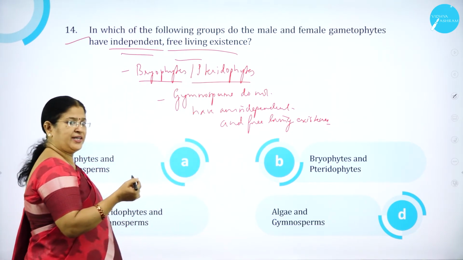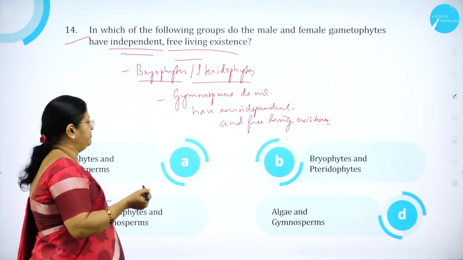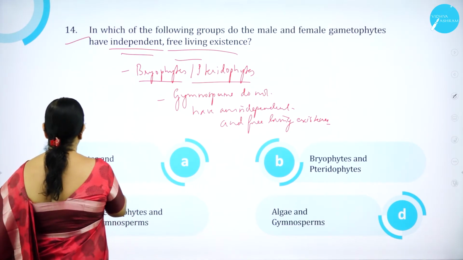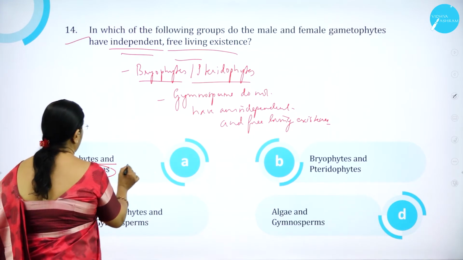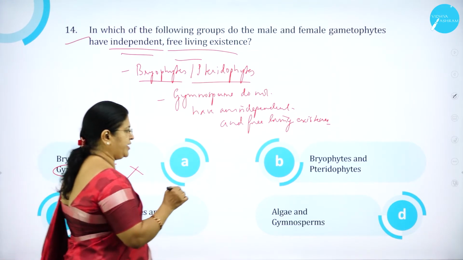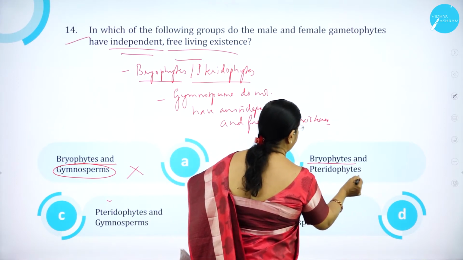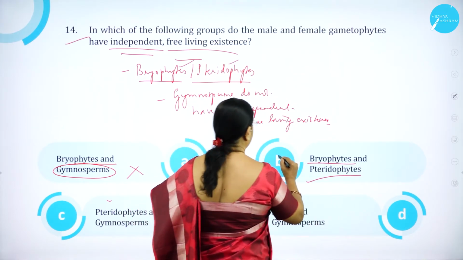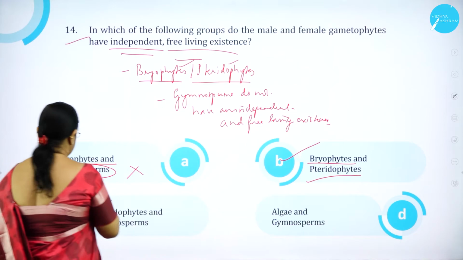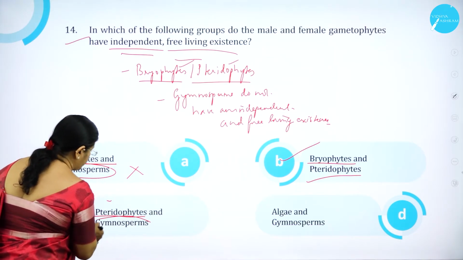That is gametophyte and sporophyte, like gametophyte. Option A, bryophytes and gymnosperms, wrong. Option B, bryophytes and pteridophytes, correct. C, pteridophytes and gymnosperm.